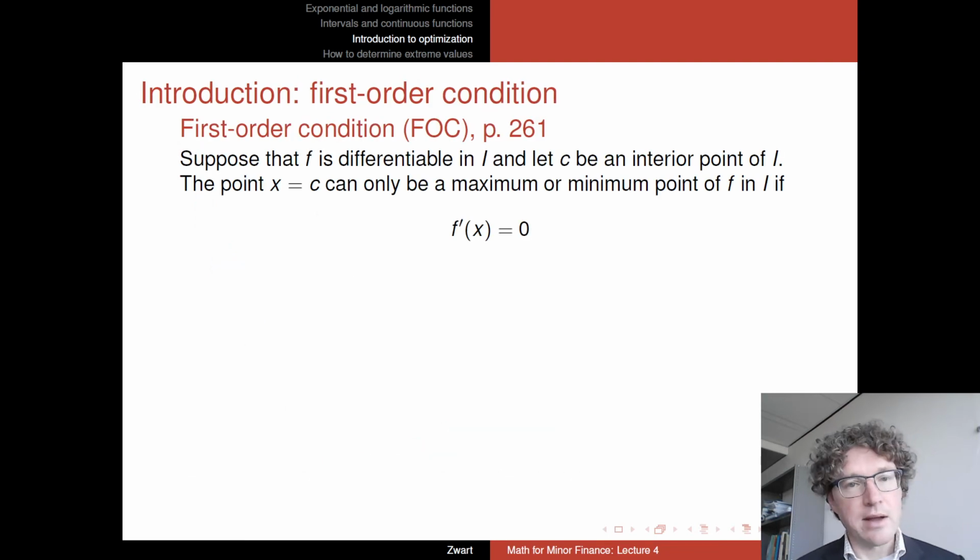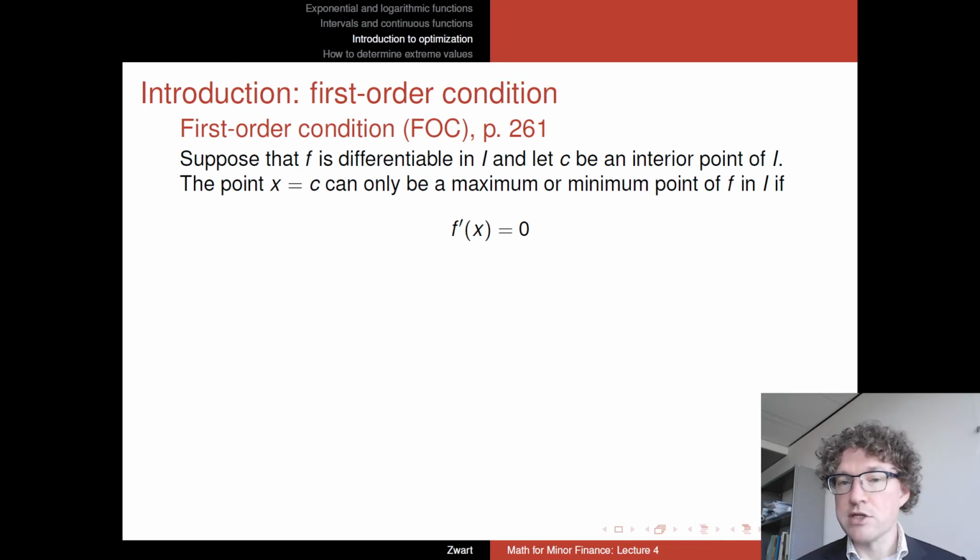So another thing that I'm sure you remember from high school, if you read it again. If we have a differentiable function, so a function that we can take the derivative of. Most functions that we'll be looking at will be differentiable functions on some interval.